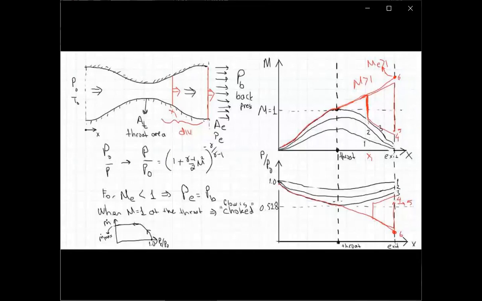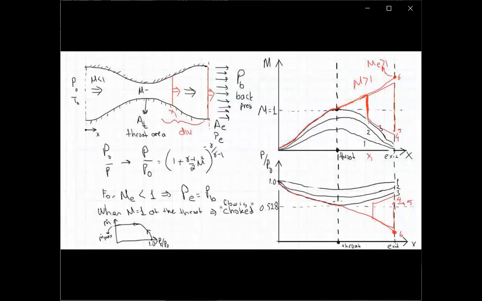In the condition that we marked as 6, the flow is perfectly uniform. In that condition, we have subsonic flow in the converging part.